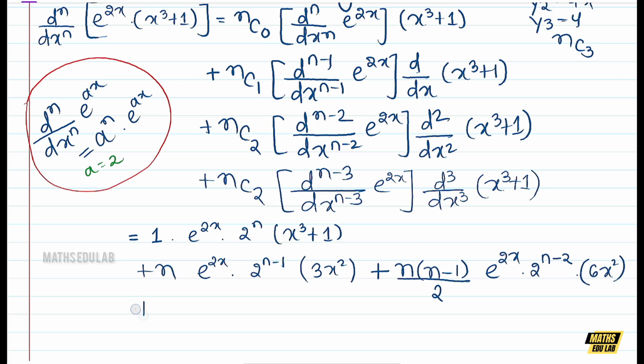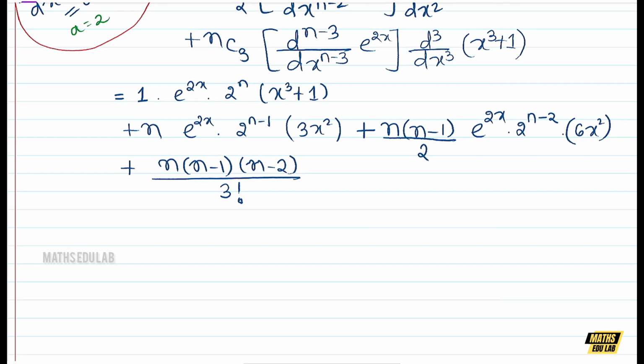And the last one, nC3, will be written as n into n minus 1 into n minus 2 by 3 factorial.